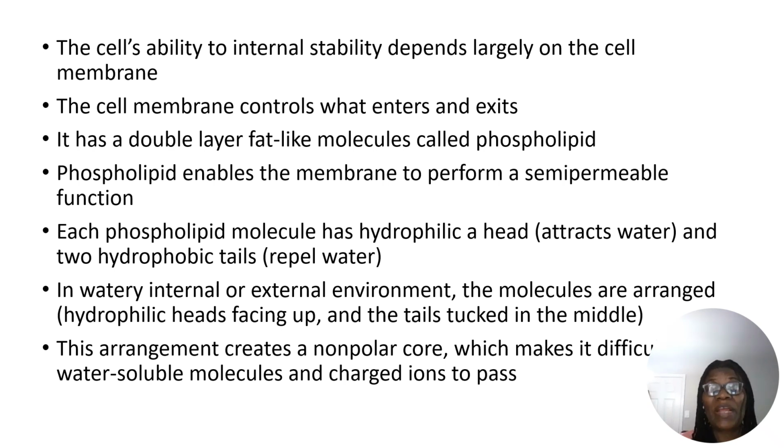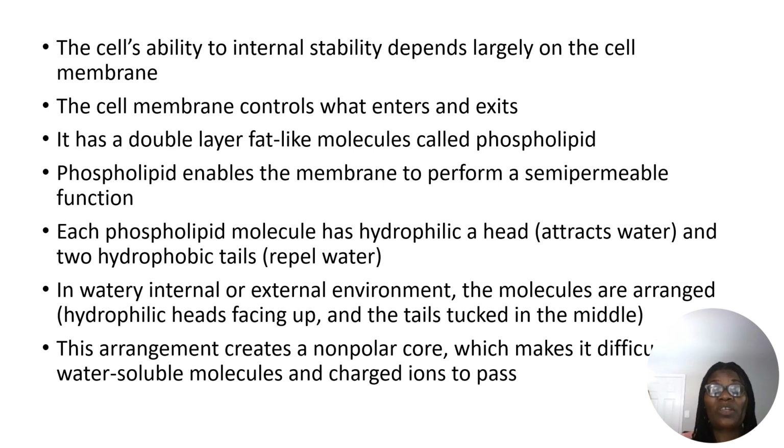This cell membrane controls what enters the cell and what exits the cell. On the membrane, we have particular fat-like molecules that are present, and they are described as the phospholipid.